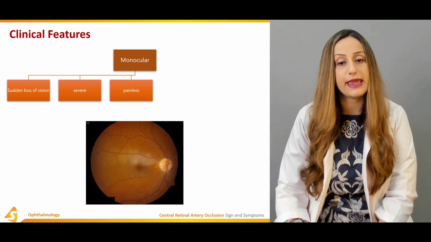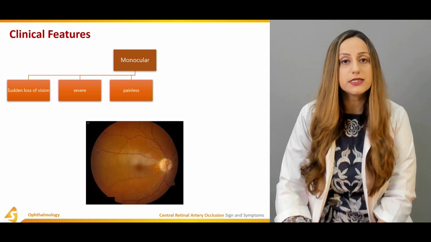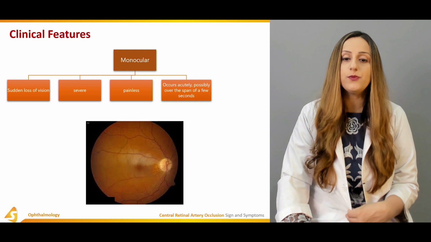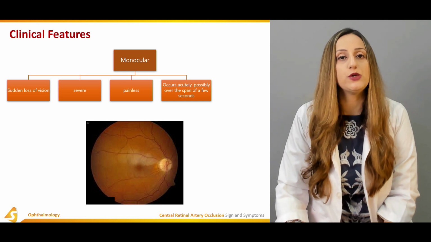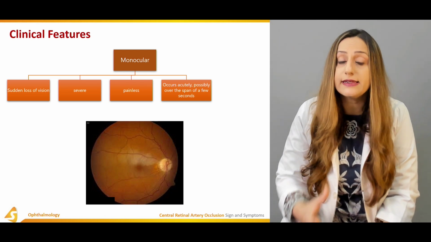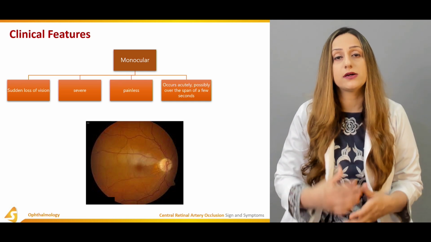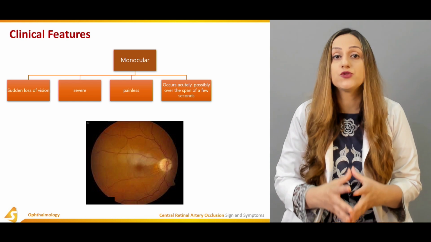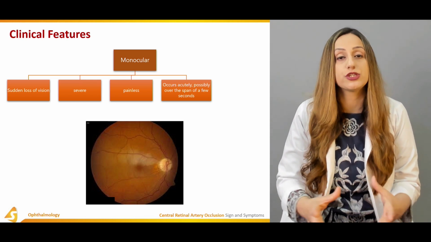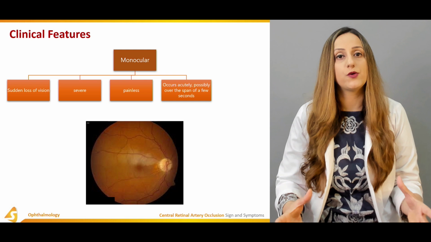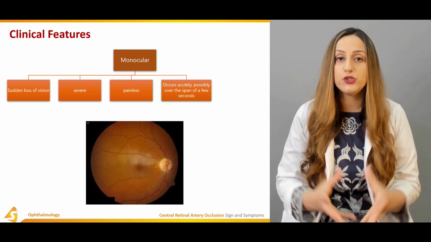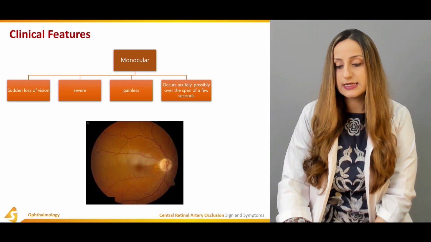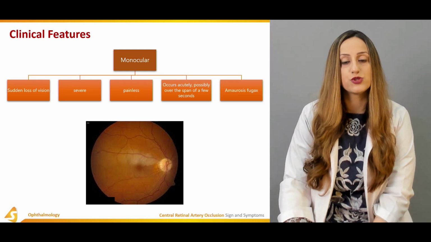And then we have painless loss of vision in these people. It occurs acutely, possibly over the span of a few seconds. The patient would give you a history that he or she was perfectly normal and there was a sudden, acute, painless loss of vision unilaterally. So this is the typical picture seen in these individuals.